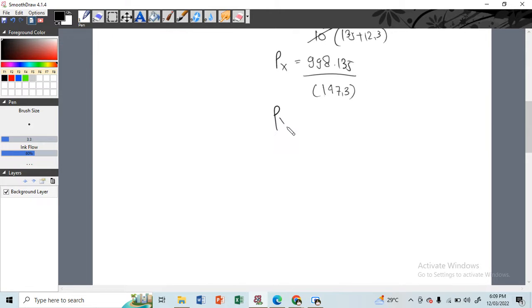Rho x is equal to 914.66395, and we could approximate this value to rho x equal to 915 kilograms per cubic meter. I'm sorry, meter cubic. So this is the answer. This is the density of the oil.